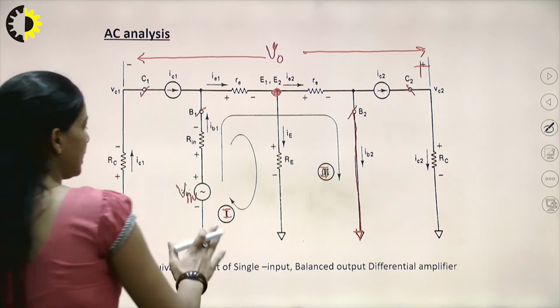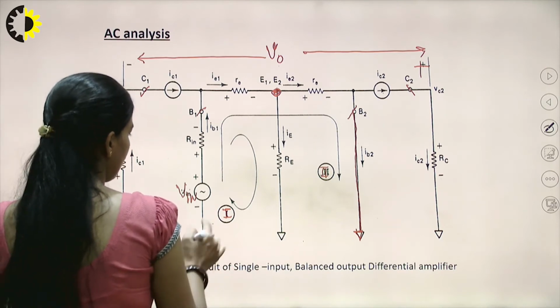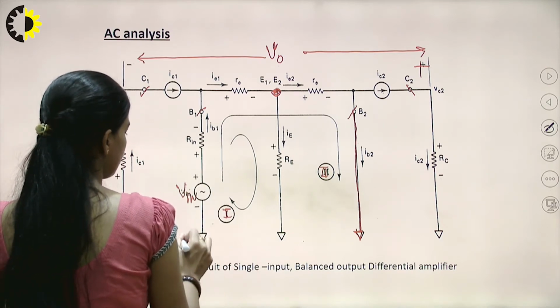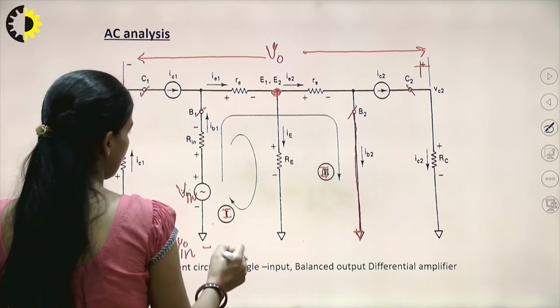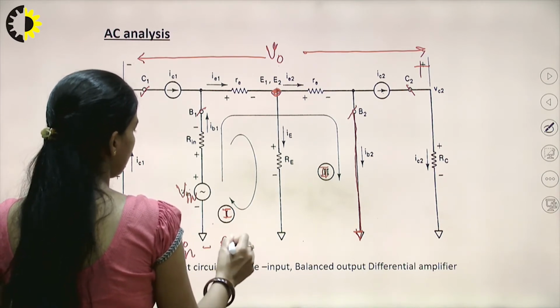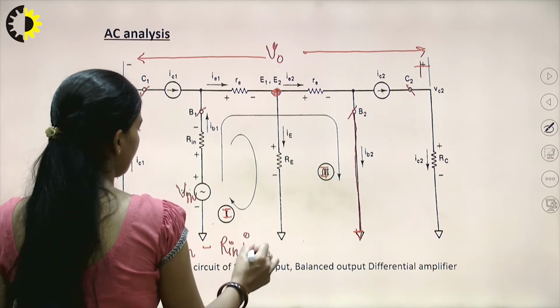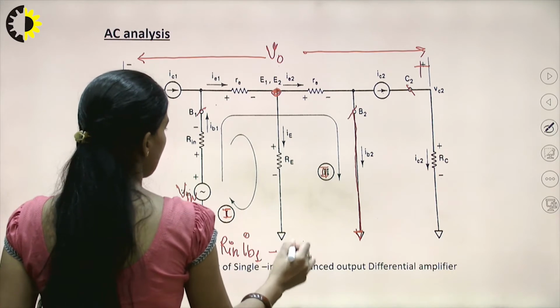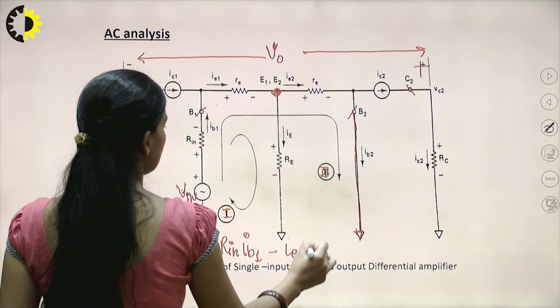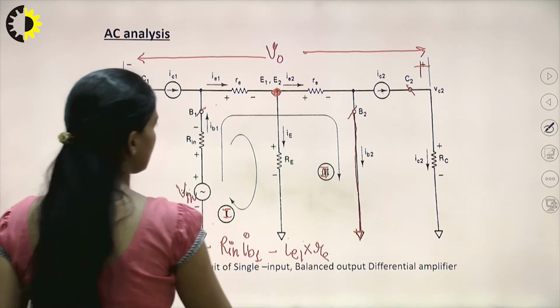So the KVL equation, here we can write for loop 1 as Vin minus Rin IB1, then moving right it will be IE1 multiplied by RE.